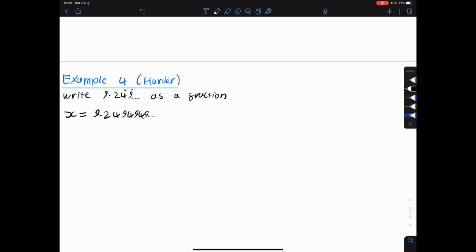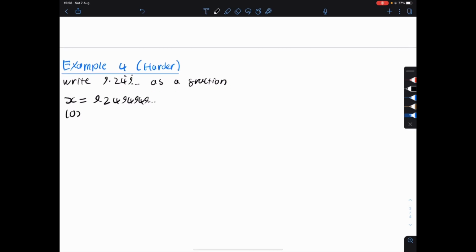Now, the trick with these questions is we want to get the decimals to only contain the reoccurring digits. So in this example, we want to get this 2 out from the decimal. And to do that, we times our equation by 10. So we get 10x equals 2.4949, so on.